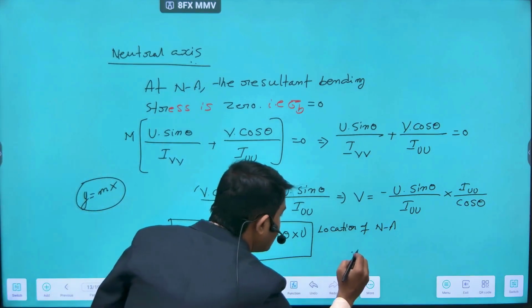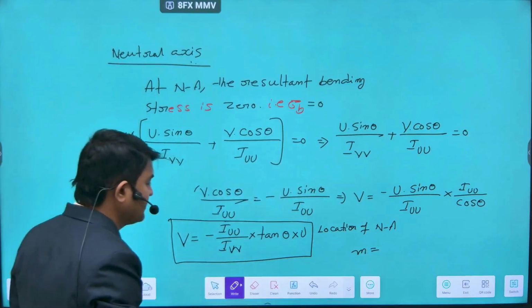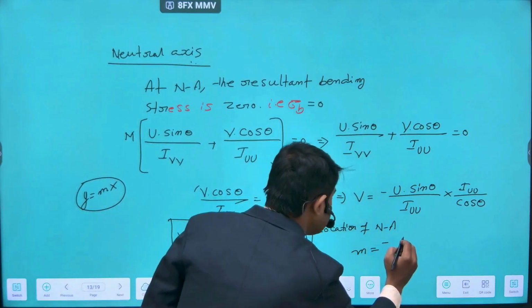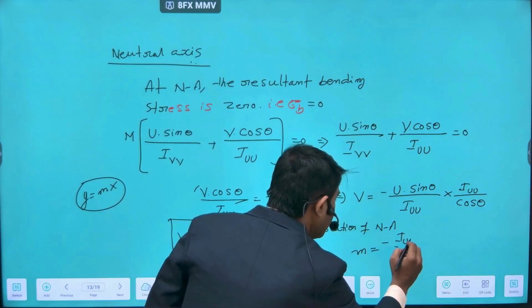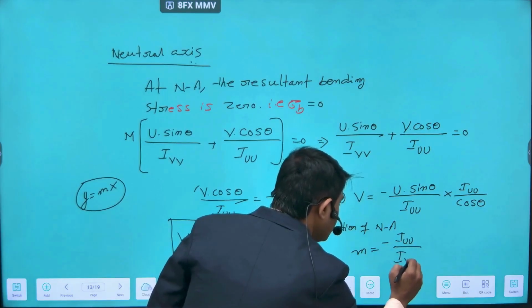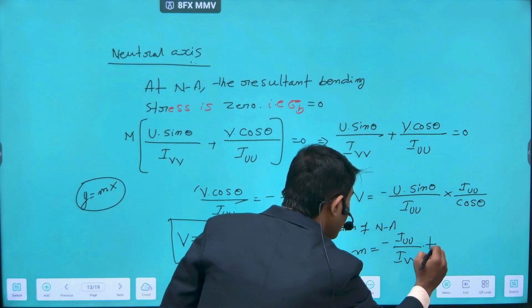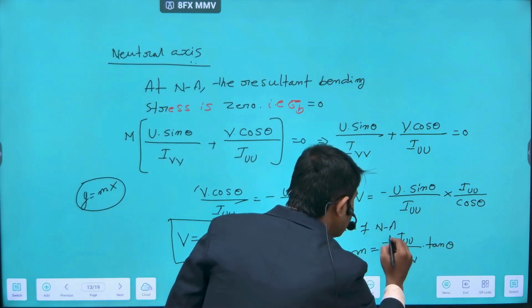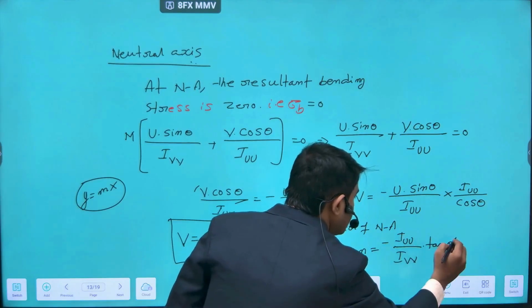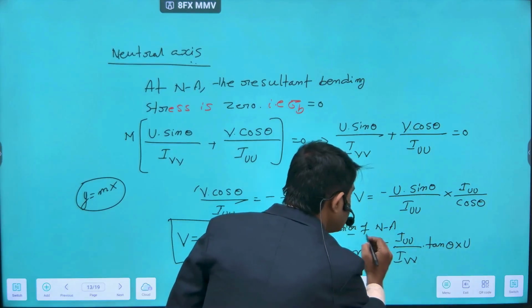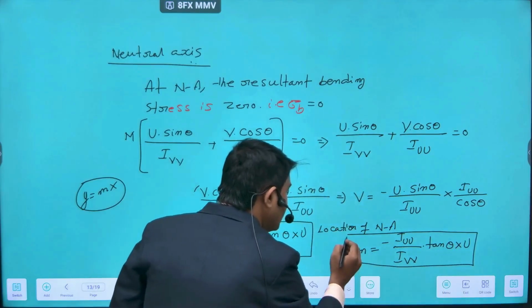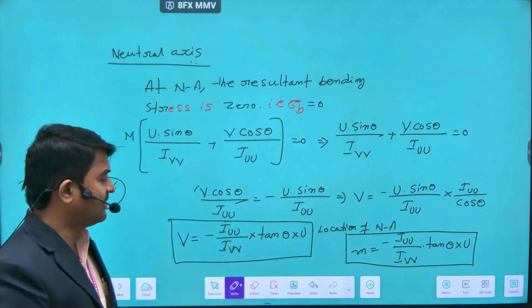So now I am writing it in terms of the slope equation. m is equal to minus IUU by IVV into tan theta into U. This is also the simplified equation. This is very useful in competitive exams also.